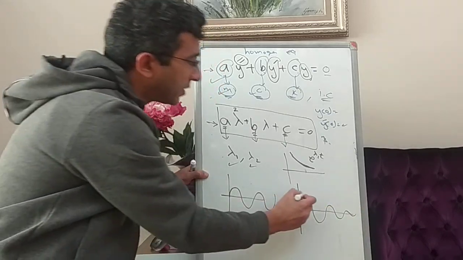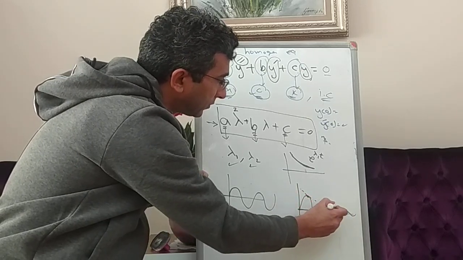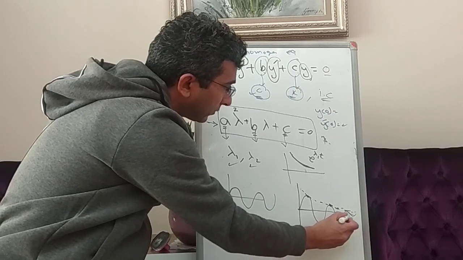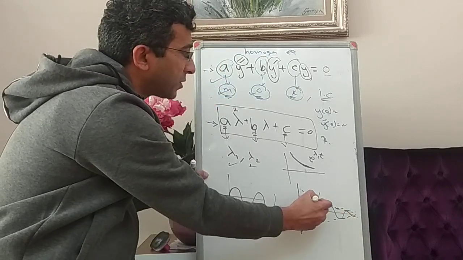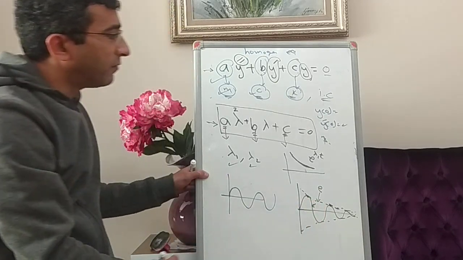This is the peak, if you connect the peaks here, the decay. So this is the exponential function multiplied by a sinusoidal function.